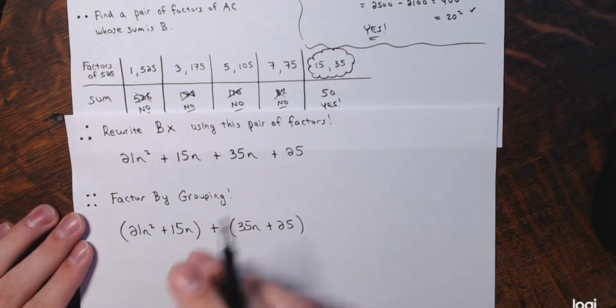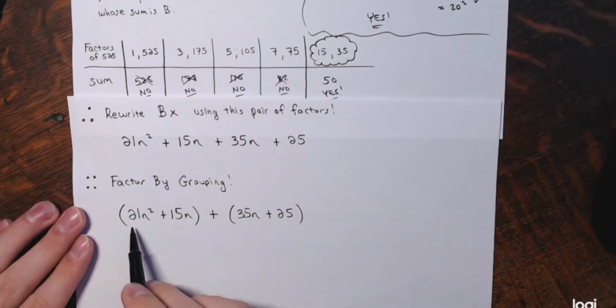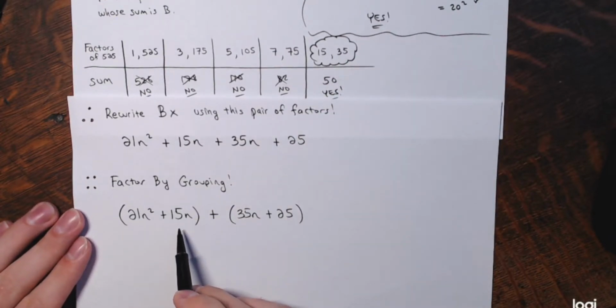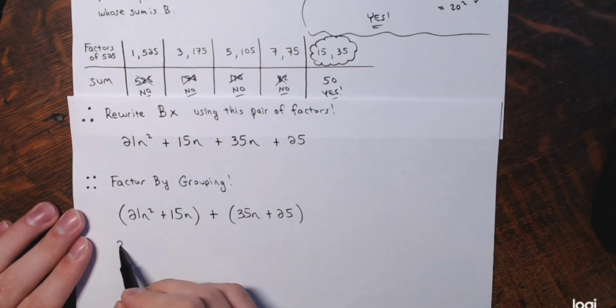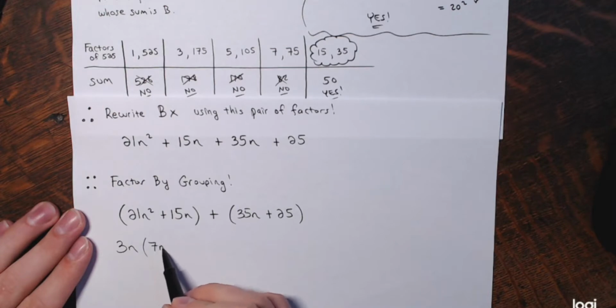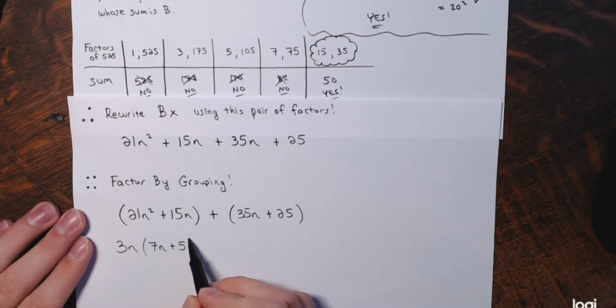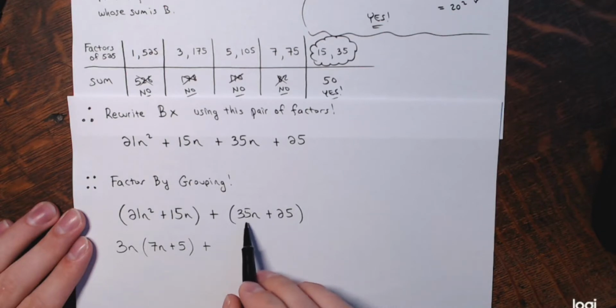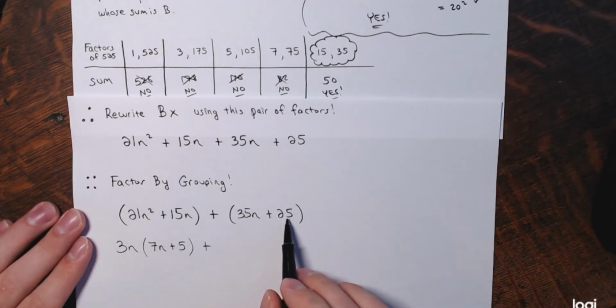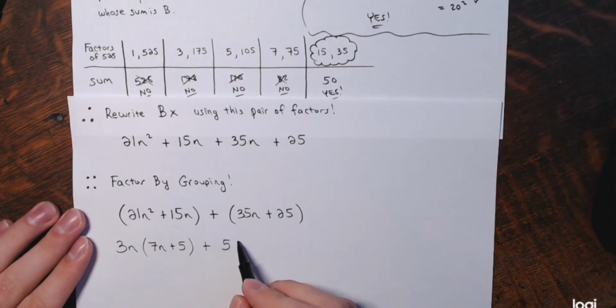I'm not going to write all the steps for grouping; we've done grouping 4 times up to now. In the first group, the greatest common factor is 3n. Pulling 3n out leaves 7n plus 5. In the second group, the greatest common factor is 5, so I pull out 5, and what's left over is 7n plus 5.